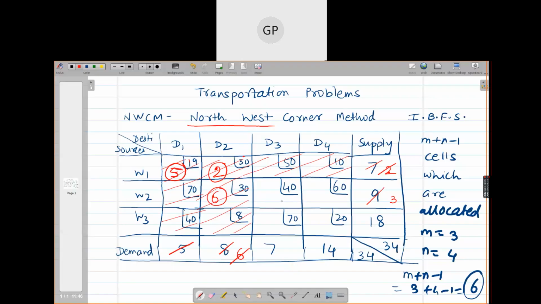Now from the remaining table, which is the northwest corner? 40. 40, W2 D3, right? This one. So what is the supply available at W2? 3 units. And what is the demand? 7.